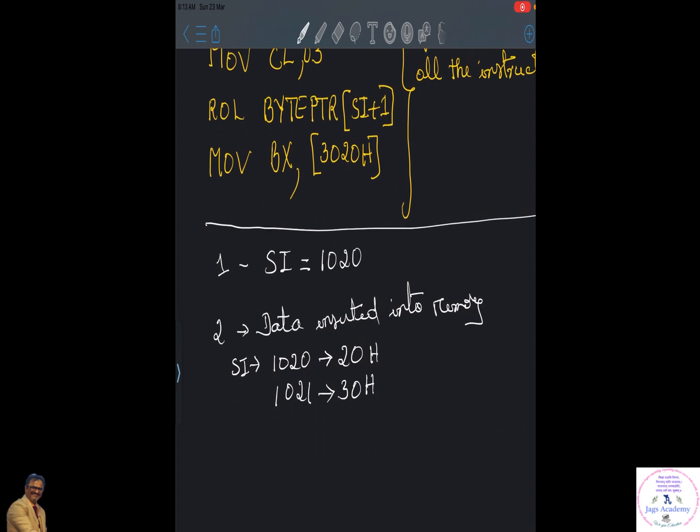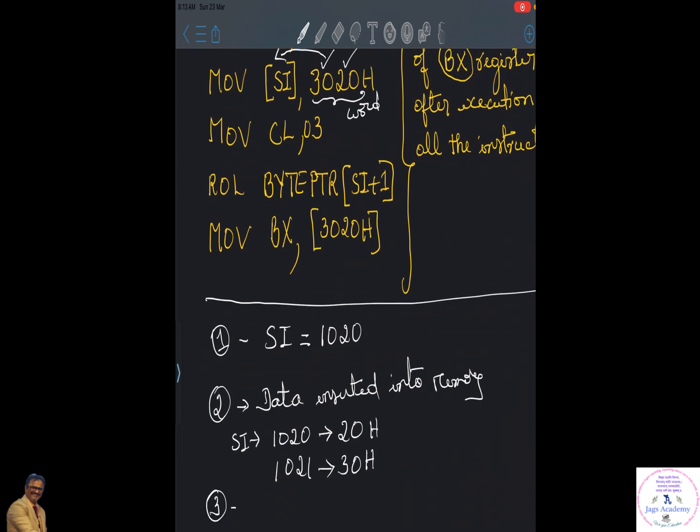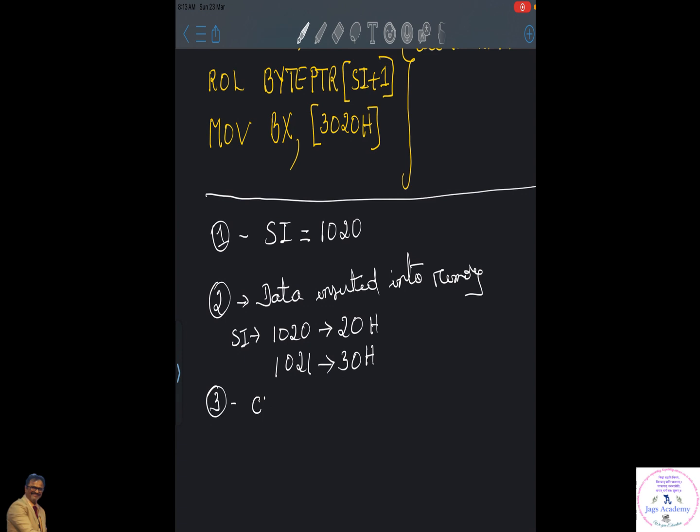In the third step, you insert a counter into the CL register. So the CL register has the content 03.